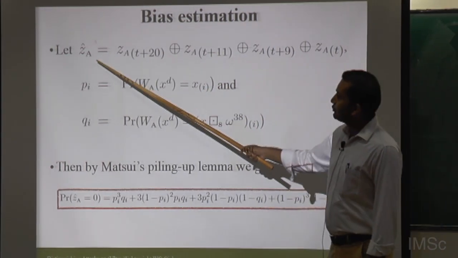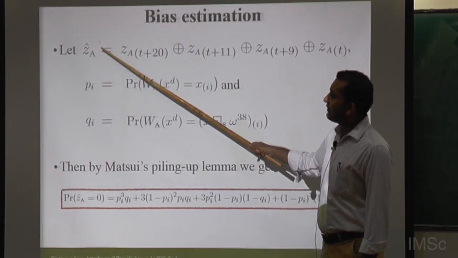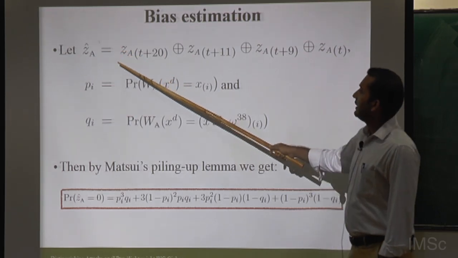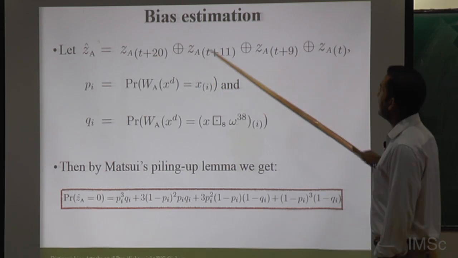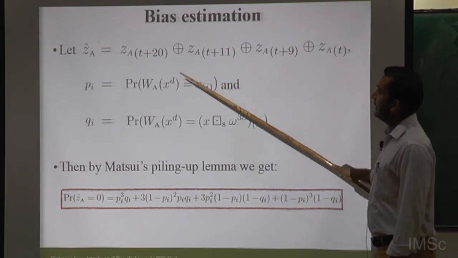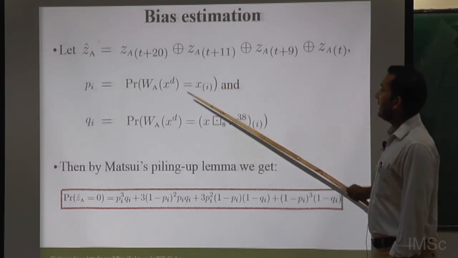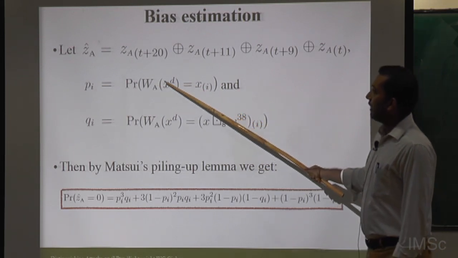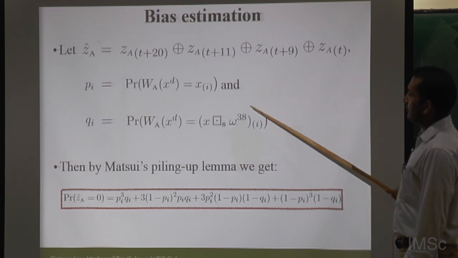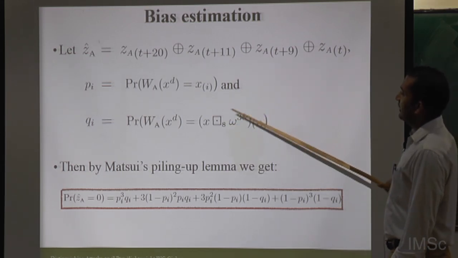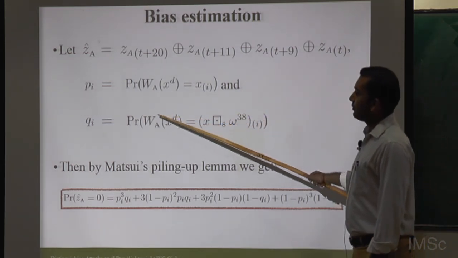Now let us assume that Z cap A, which we will call a sample, equals the linear sum of the set of key stream bits that we have already mentioned. Let Pi equal the probability that the ith bit is equal to the output of the transformation, and let Qi equal the probability that the ith bit of the product is equal to the output of the transformation.